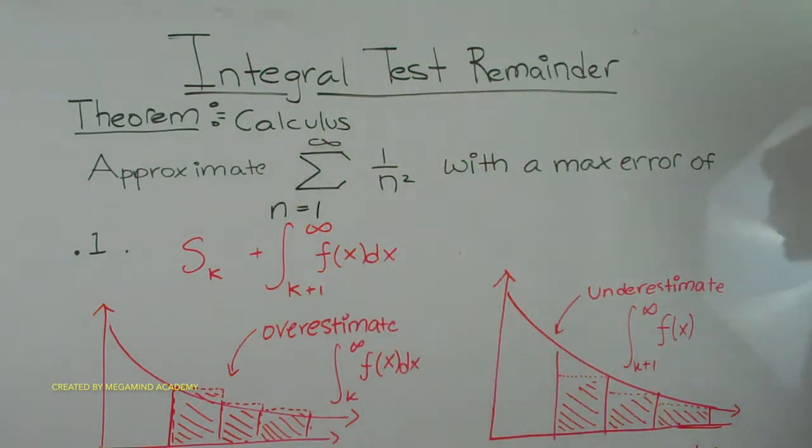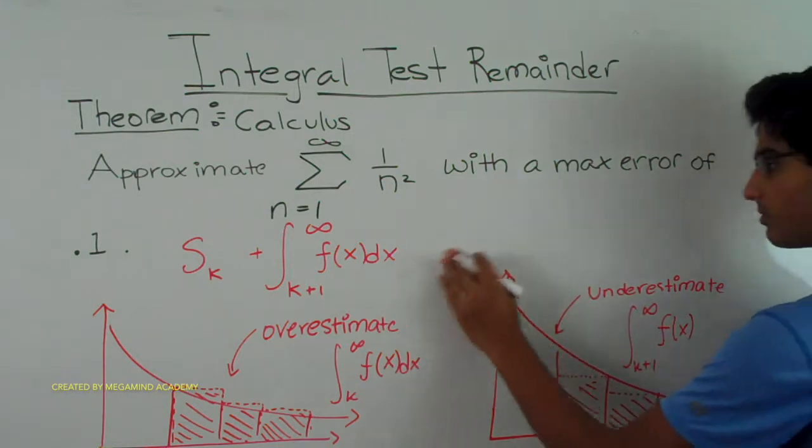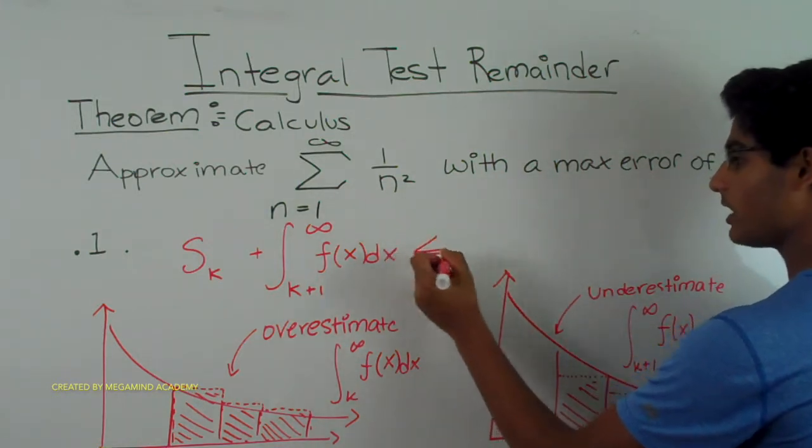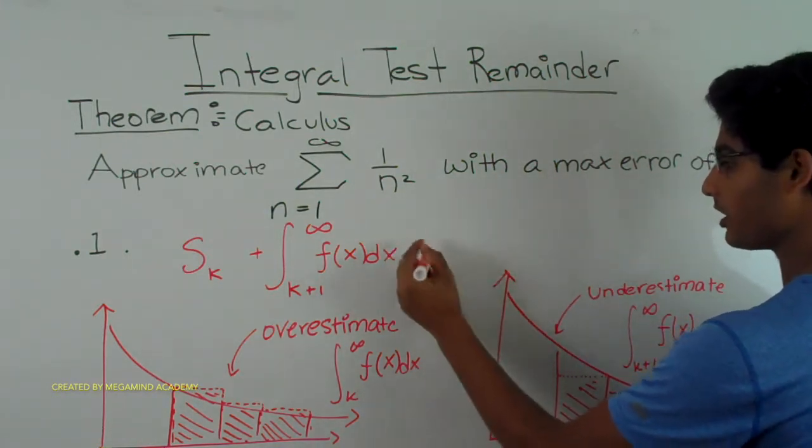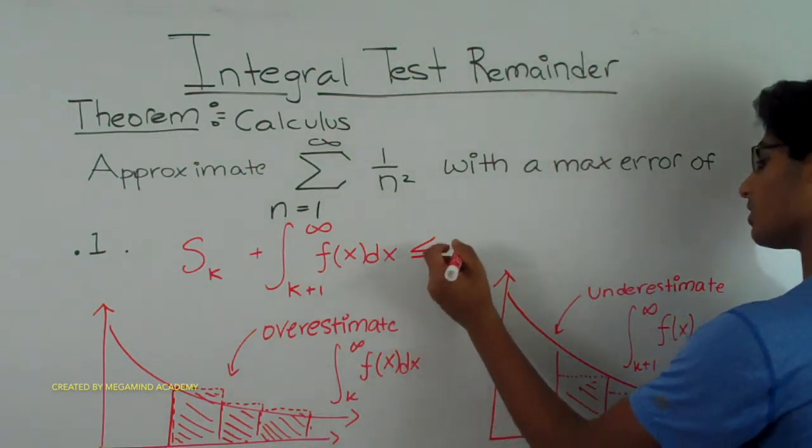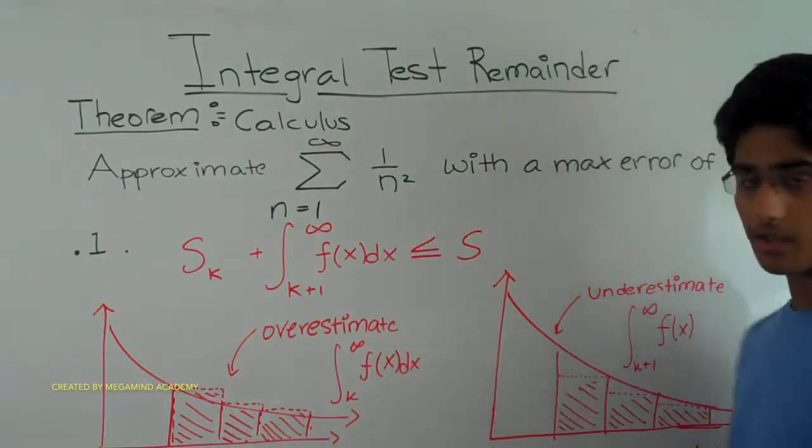And so we know that this will be an underestimate of the actual sum of this series. And so let's go over why that's true. So this will be less than or equal to s, which is the sum of the series.